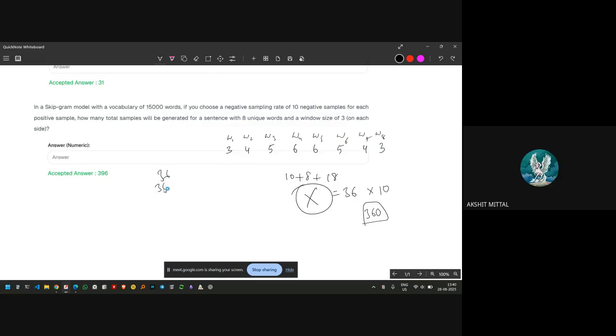For each positive, we generate 10 negatives. So total per positive is 1 itself plus 10 negatives equals 11 samples. The correct one, wrong one, wrong two, up to wrong 10. So this total will be 11, times 36. Okay, nice. Thanks.